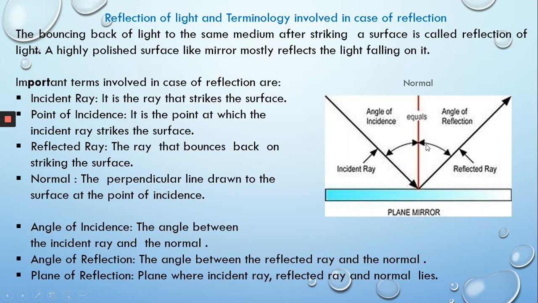It is denoted by angle r. Plane of reflection: the plane where the incident ray, the reflected ray and the normal lie. This is what you call the plane of reflection.